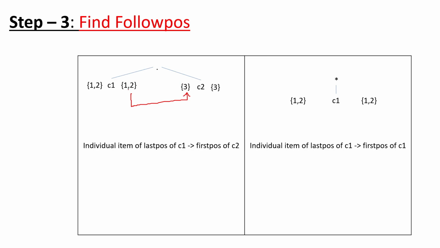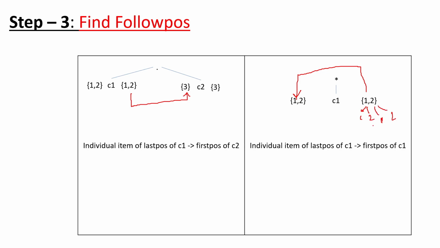That is, 1 will have access to 3, 2 will also have access to 3, but 3 will not have access to these numbers. Similarly, if there is a star, the last pass of the child will have access to its first pass values. So 1 will have access to 1 and 2, 2 will have access to 1 and 2.